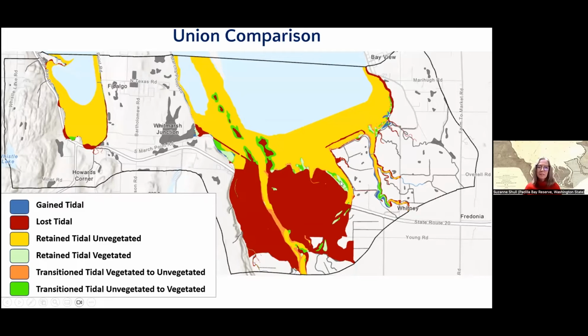So here you can see the bright green is where there's been a transition from tidal unvegetated to vegetated, but the lime green is where tidal vegetation had been retained. And the orange is where we've got tidal vegetation that has transitioned to untidal. So in this case, this area channel has been channelized and the dredge spoils from that are deposited here in the north end. So we now have dredge spoil islands surrounded by some new tidal vegetation.